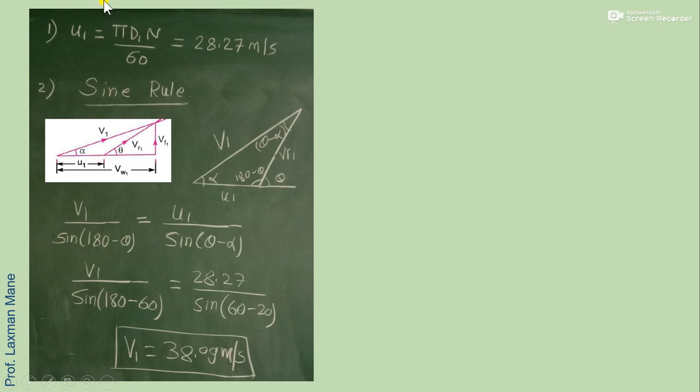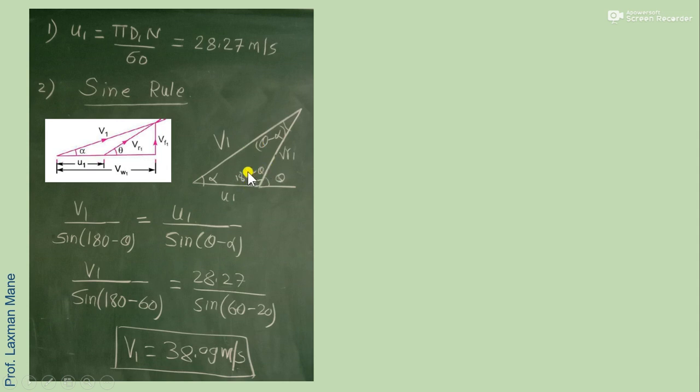So let us start with the formula of U1. We know D1 and N, putting the values we get U1. Then next we are interested to find velocity V1. For that, we have to use the sine rule. In this case, take this triangle which is shown over here.